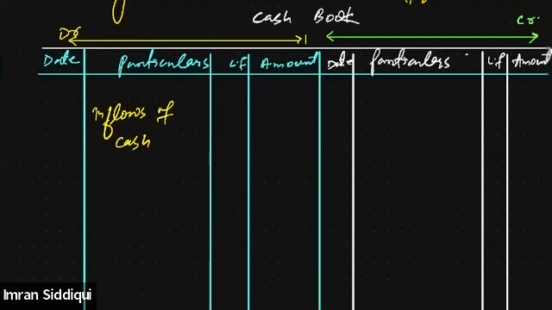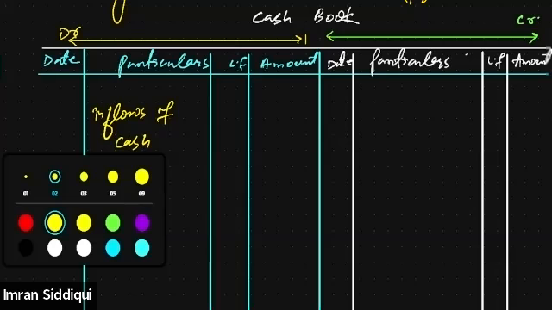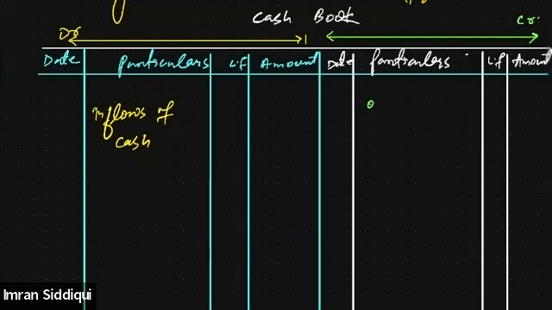You need to keep that in mind. And any transaction that is going to reduce the cash balance, or any transaction leading to outflow of cash, will be recorded on the credit side of the cash book. All right, everyone, is this point clear? Yes or no?